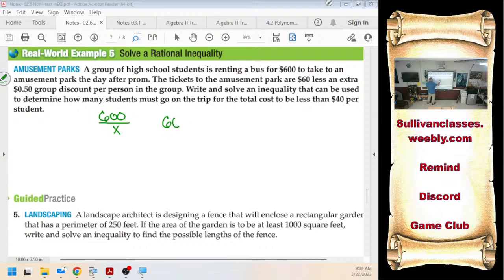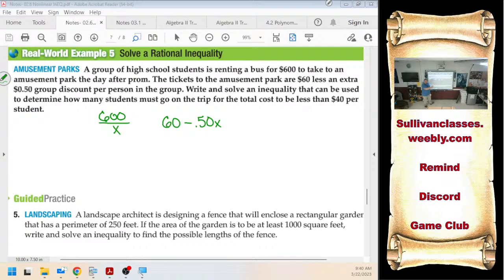So $60 minus 50 cents per person in the group, 0.50x. So this is your share of the bus. This is your cost to get into the park.